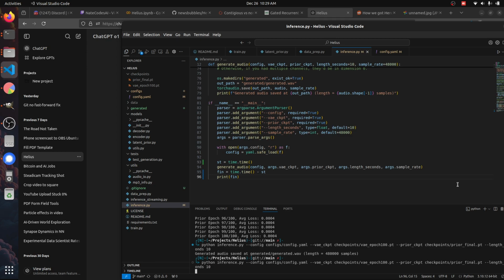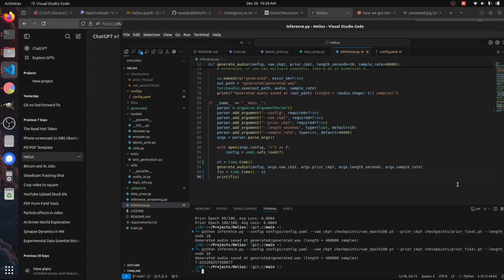And let's see if our model at 128 hidden parameters. Okay, so great. It only took 7.6 seconds to generate 10 seconds of audio. That is perfect because that means that we have a little bit left over. We've got like 2.385 seconds extra on top of 10 seconds.